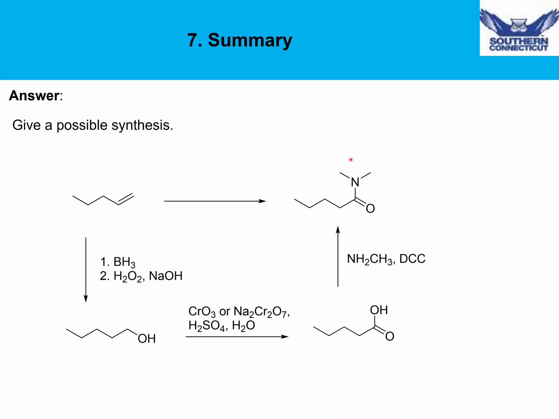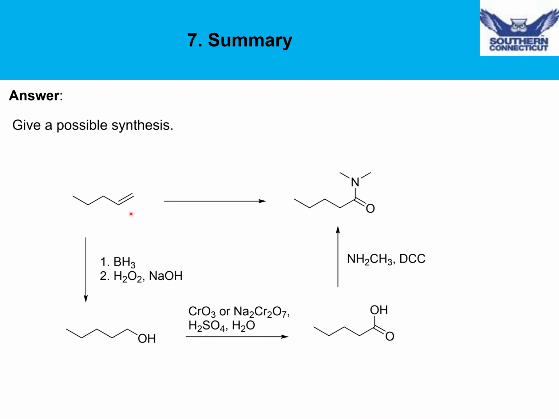In this synthesis, we want to make an amide, which we can make from a number of acid derivatives, including carboxylic acids. And as we know, carboxylic acids are products of the oxidation of primary alcohols. And then primary alcohols, we learned earlier this semester, can come from alkenes.